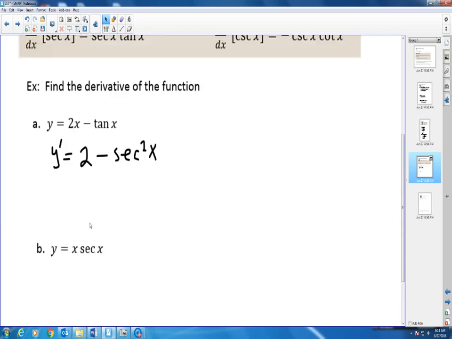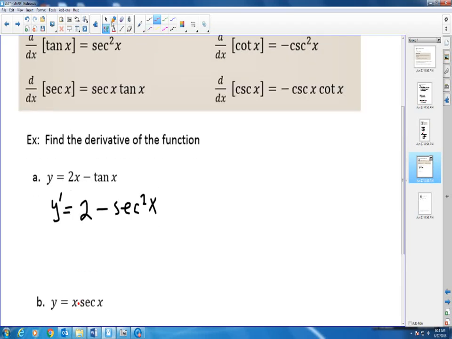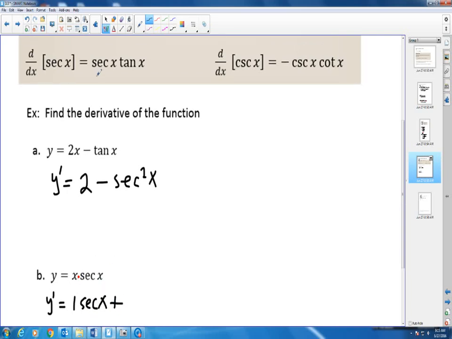Alright, this is a product of two functions, so let me use product rule. I'm going to view x and secant x separately. Product rule: derivative of my first, which is x, is 1, times the second, which is still secant x, plus derivative of the second.